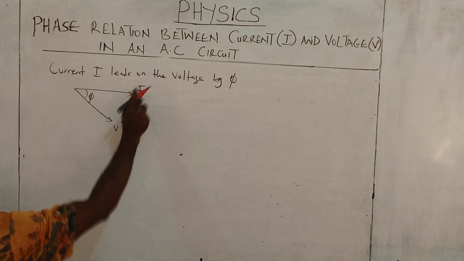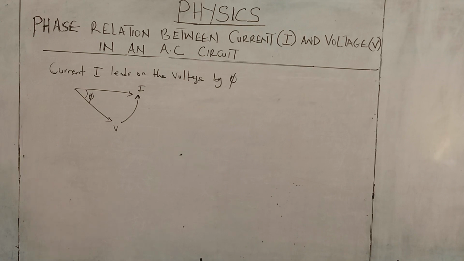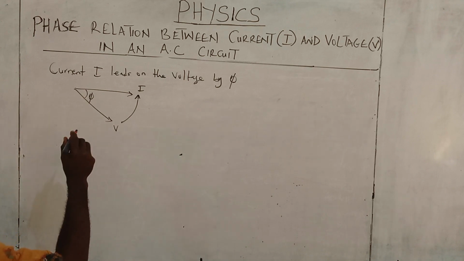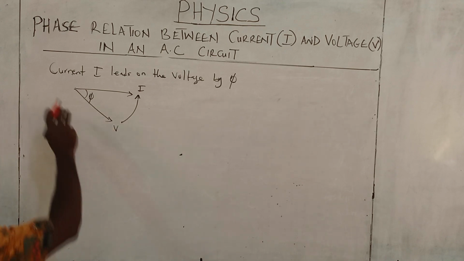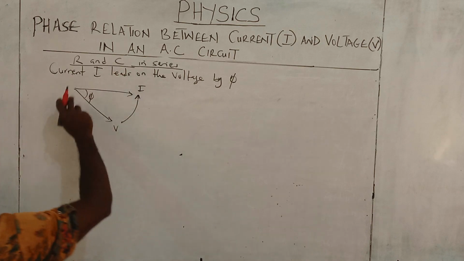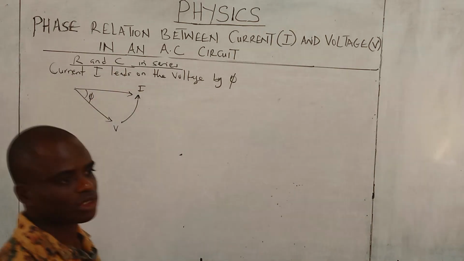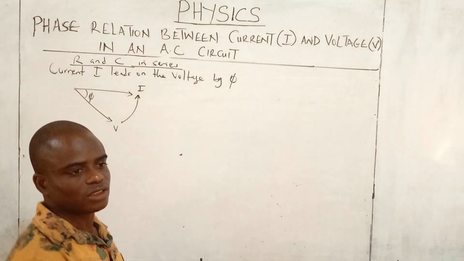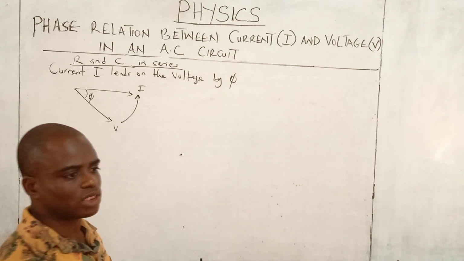That means the current is ahead, that is, current leads the voltage by phi. And don't forget, you can say V lags the current. In this case we are talking about current leading the voltage, because the current moves to the two plates of the capacitor before it starts generating the voltage. That means the current comes before the voltage.